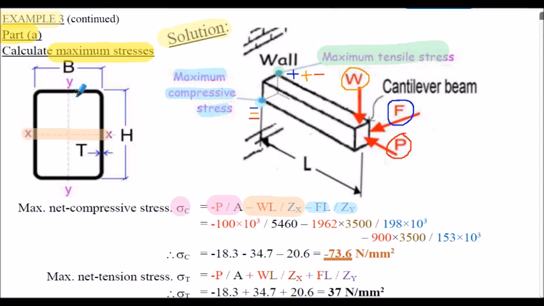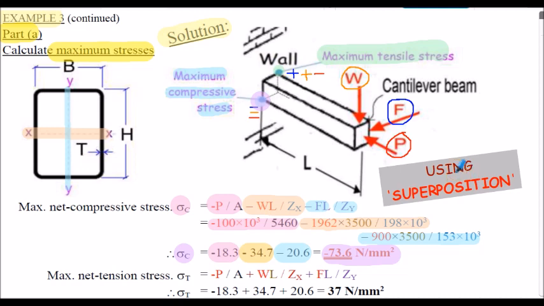This is the YY axis. Inserting the values to calculate the actual compressive stress, the compressive stress due to bending about the x-axis, and the compressive stress due to bending about the y-axis. So evaluating the maximum compressive stress at this location here is 73.6 newtons per millimeter squared. The negative means compression.